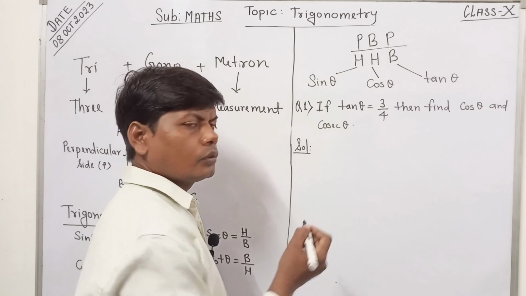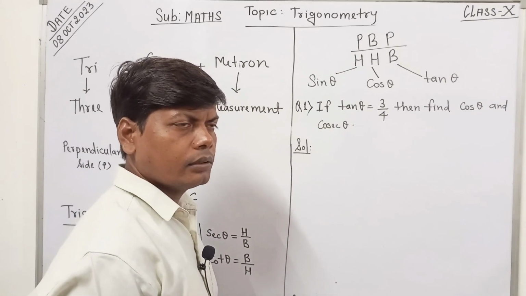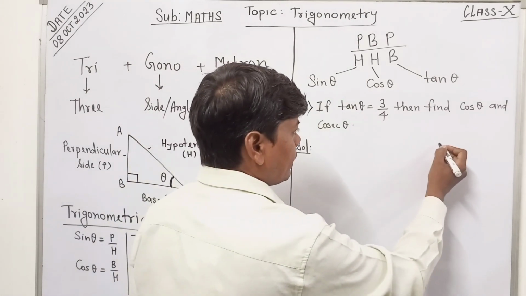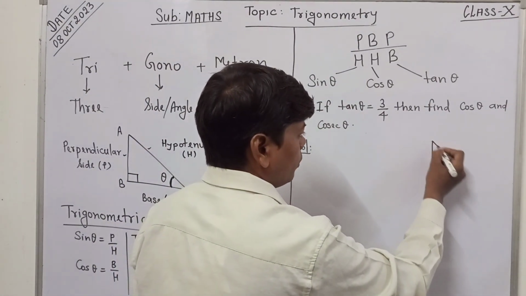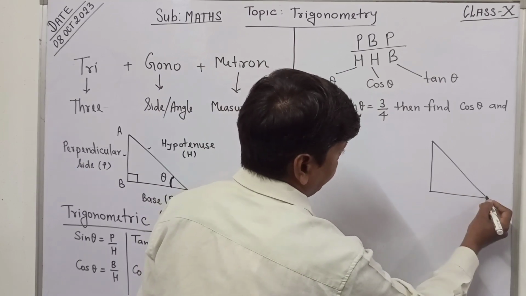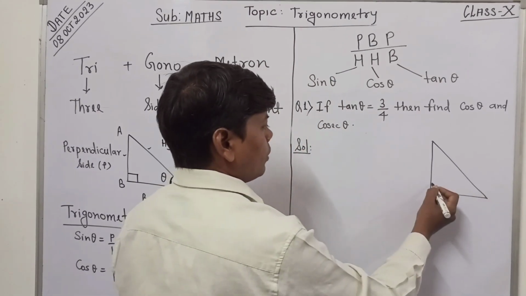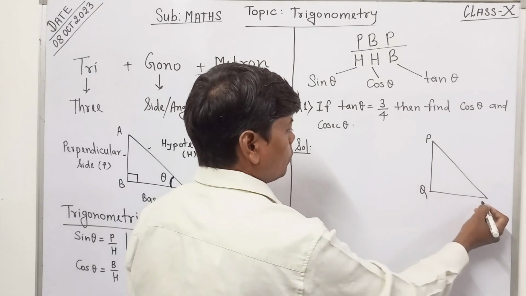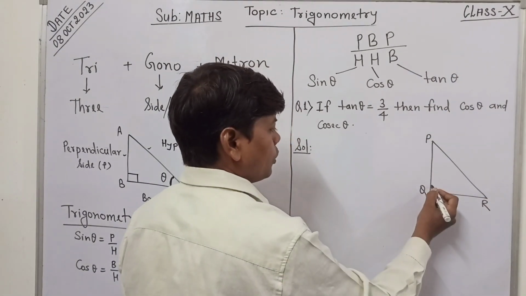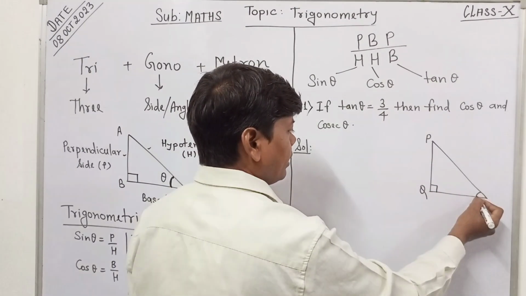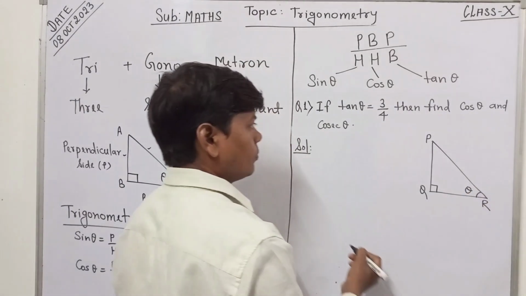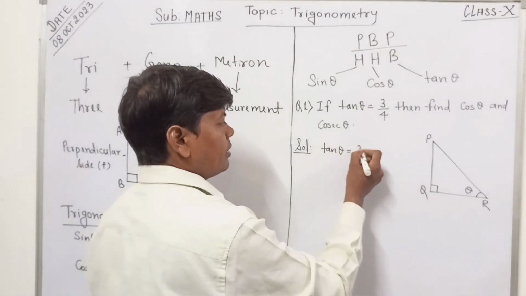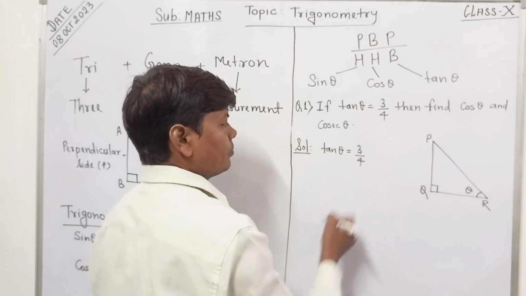You should know that in trigonometry we are always in a right angle triangle. So first we draw a right angle triangle. Suppose the angles are named P, Q and R. Suppose angle Q is the right angle and angle R is theta. Now tan theta is equal to 3/4, as given.